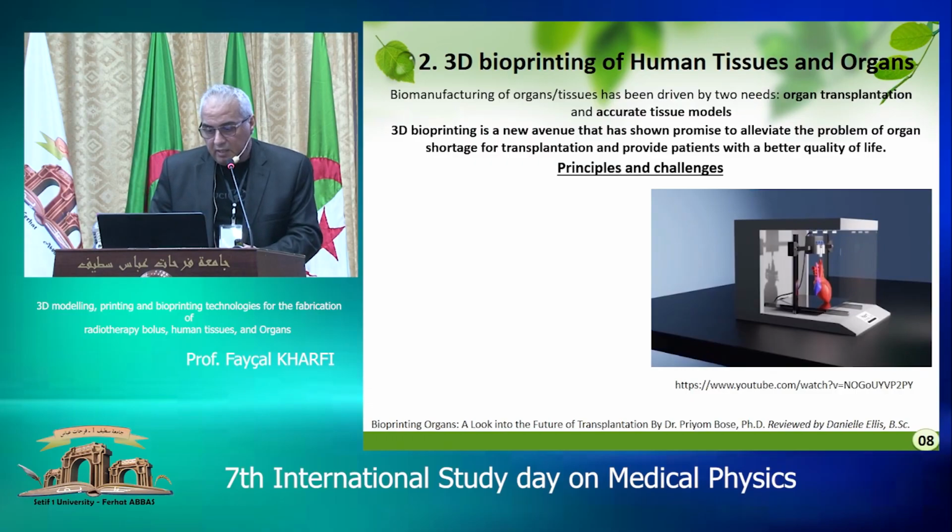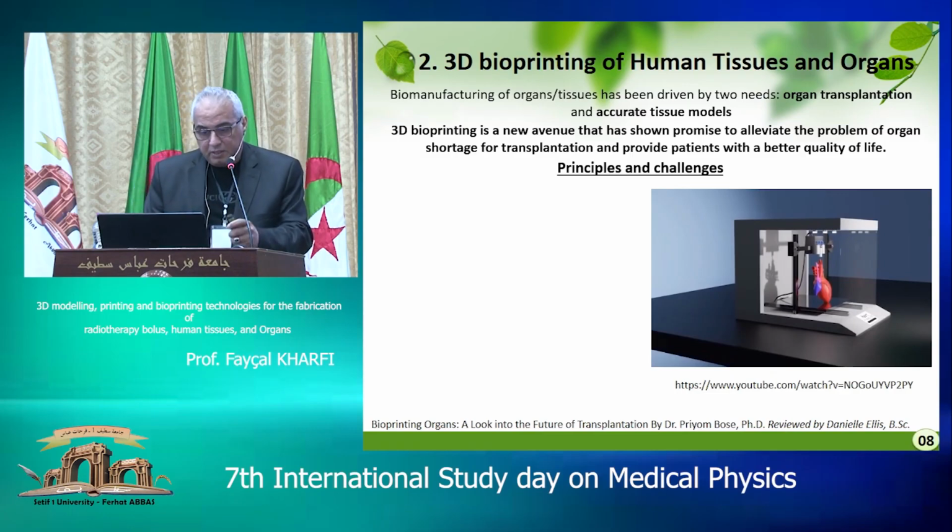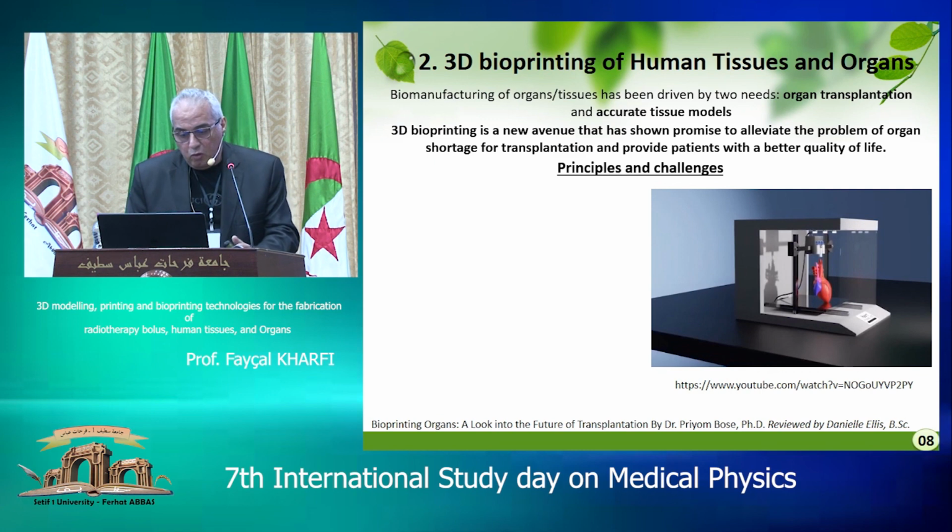I just want here to give you an idea about the different methods used in bioprinting, because bioprinting is a new avenue that has shown promise to alleviate the problem of organ shortage in transplantation and provide patients with a better quality of life.